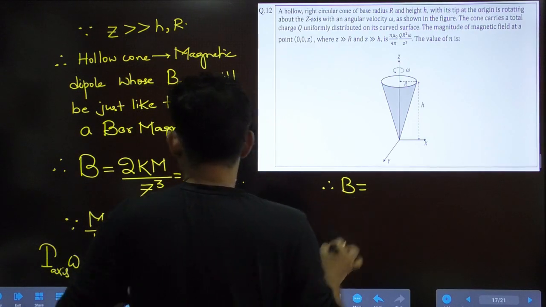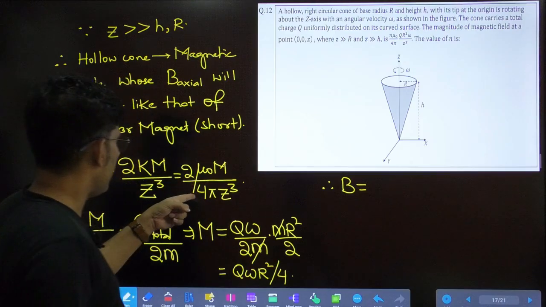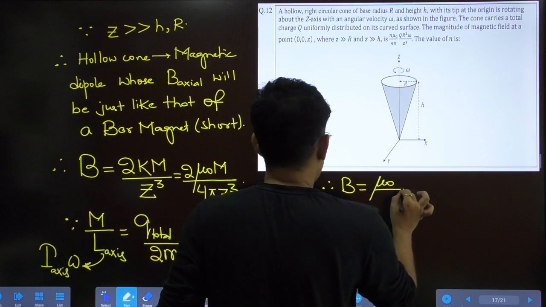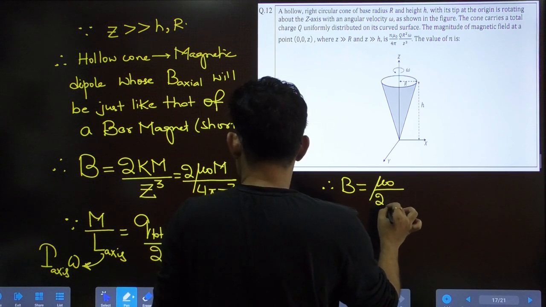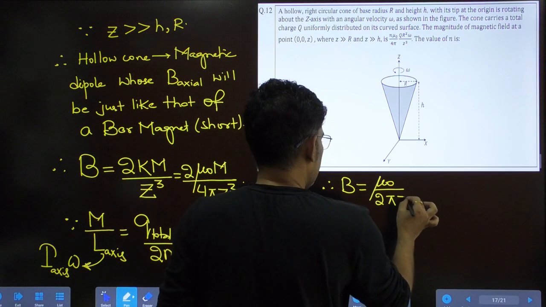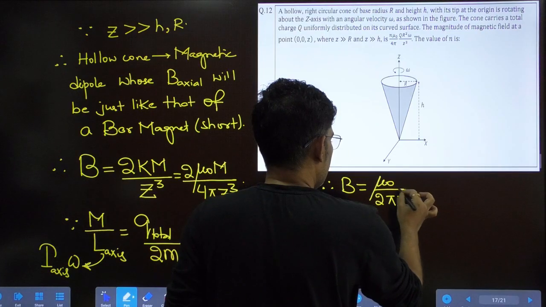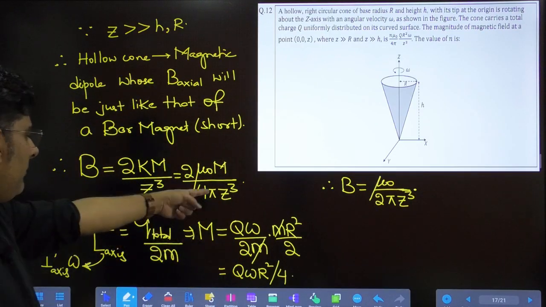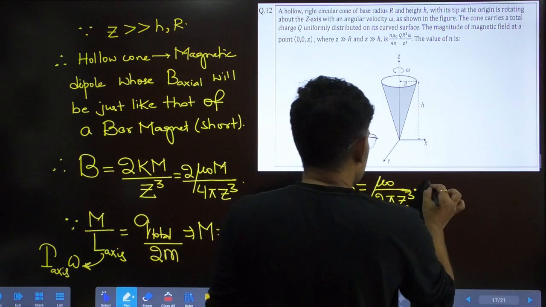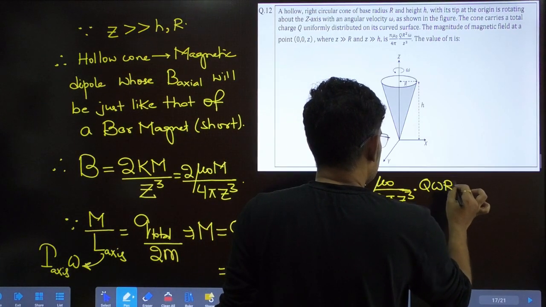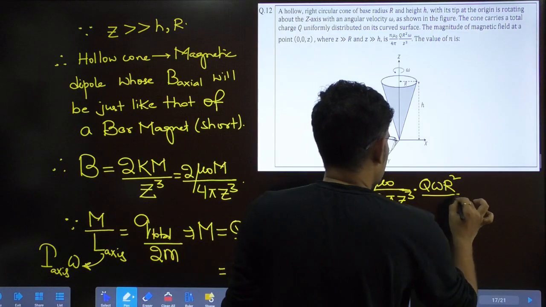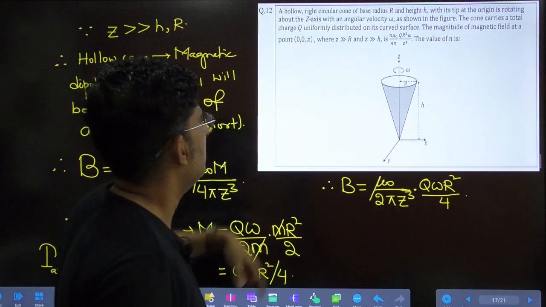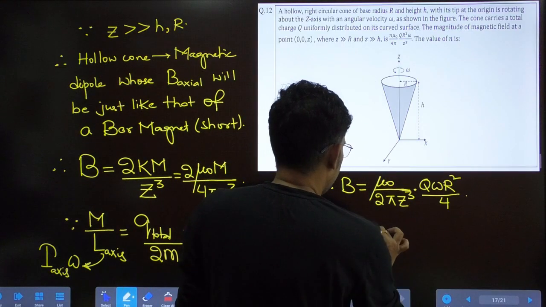So B value becomes 2 by 4, which is 1 by 2, so mu naught by 2 pi z cube is what we are having, and apart from this we are getting m whose value is q omega r square by 4.